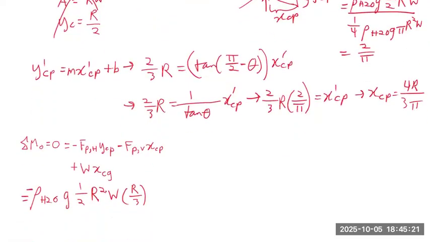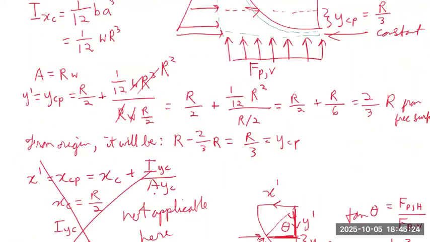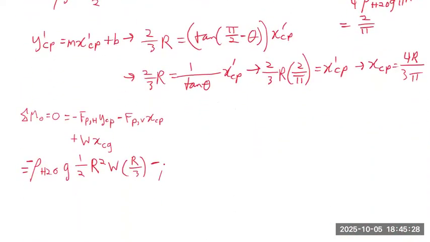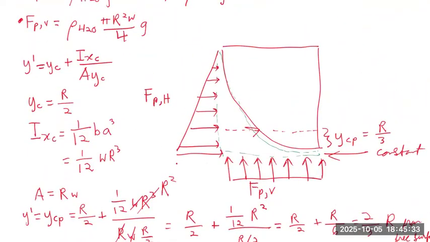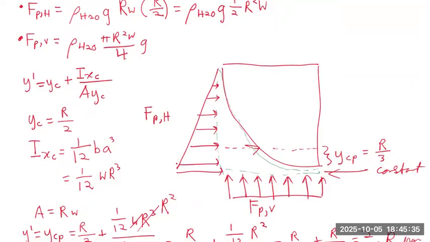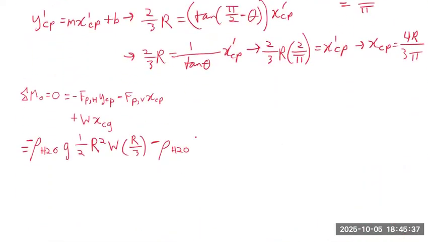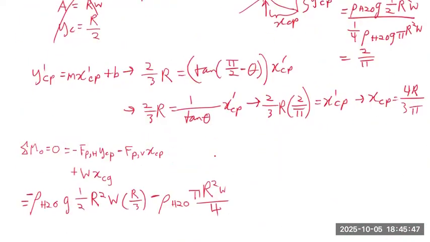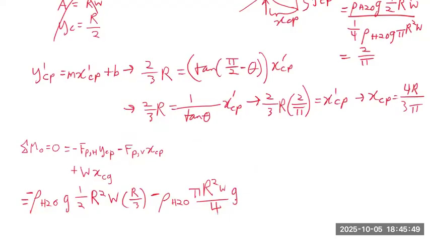Don't forget the signs. Pi R squared W over 4 times G. And then XCP is, of course, 4R over 3 pi.